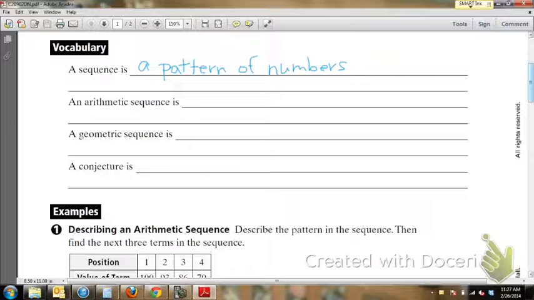Okay, and an arithmetic sequence is a pattern created by adding or subtracting the same number.